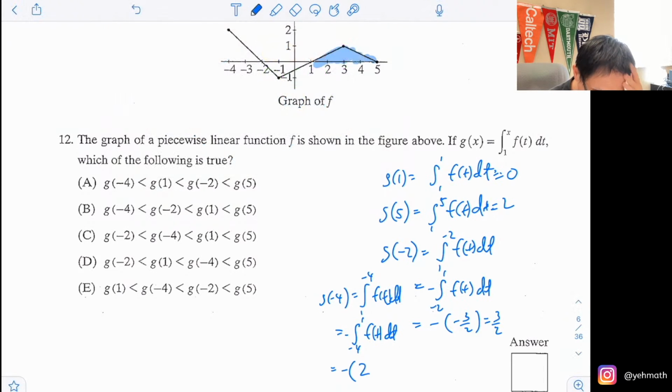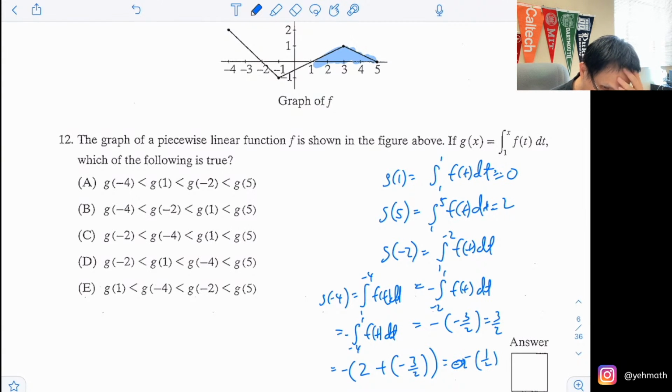Well, it's 2 because it's distributed, plus a negative 3/2. So that's equal to negative 2. Oh, sorry, this one is 1/2, but it's negative 1/2.